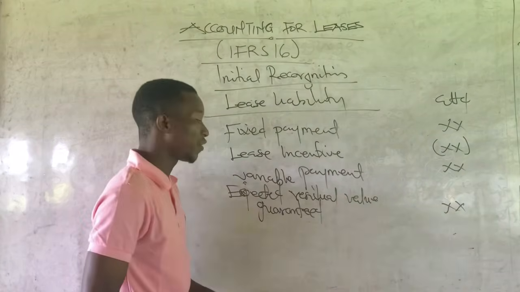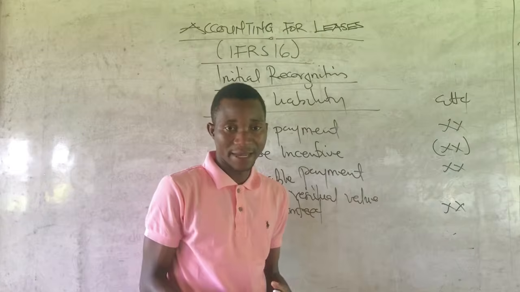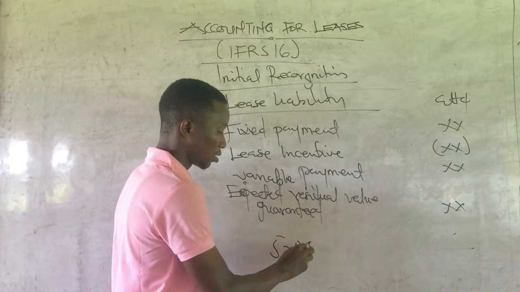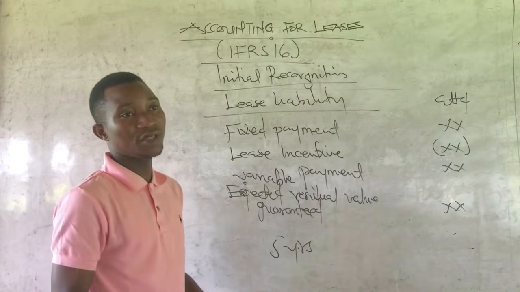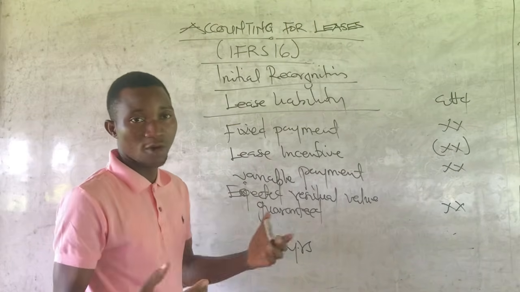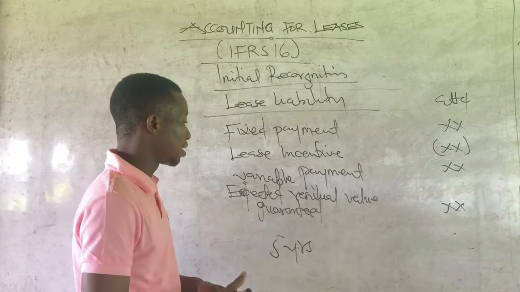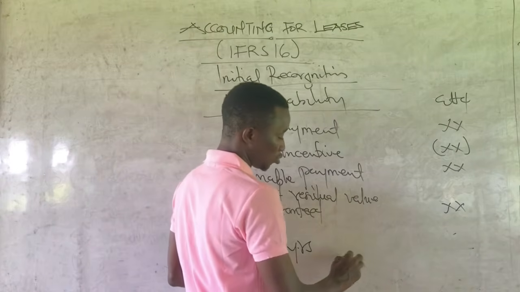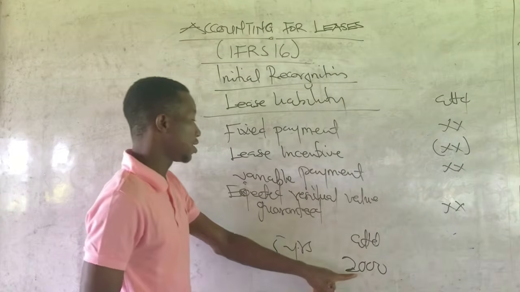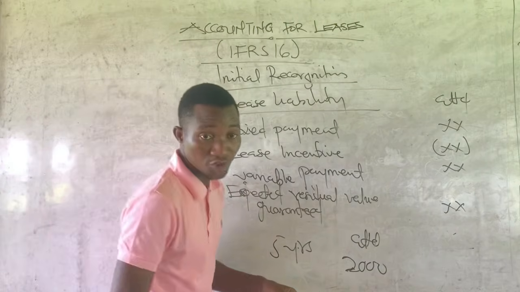The expected residual value guaranteed: maybe the lessee leased the asset for 5 years, and there is an arrangement between the lessor and the lessee that at the end of the lease term, the lessee is going to take over or buy the asset. So if they expect that the lessee will buy the asset for 2,000 Ghana cedis at the end of the lease term, this should be the expected residual value guaranteed. Is that okay? So it's supposed to be included.